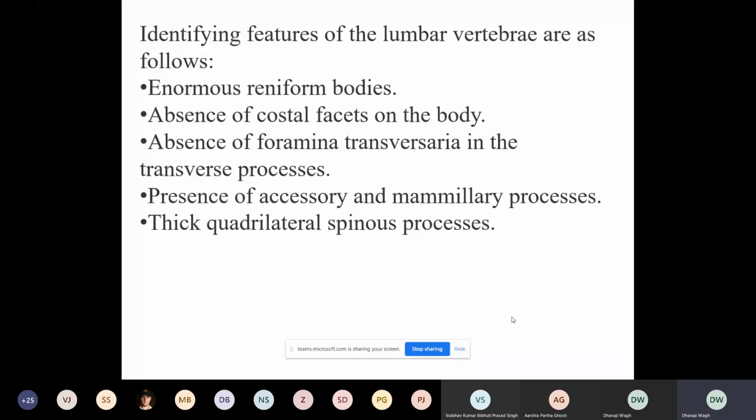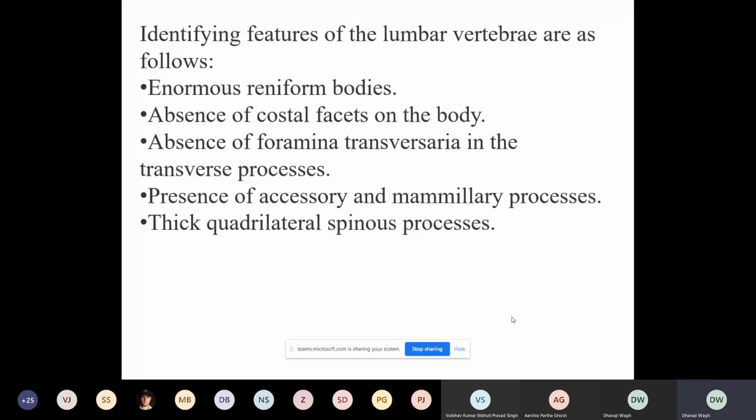Here in the lumbar vertebrae, you can see this elevation, that is the accessory and the mammillary process, present in the lumbar vertebrae. Then it has the spinous process, especially a thick quadrilateral spinous process.